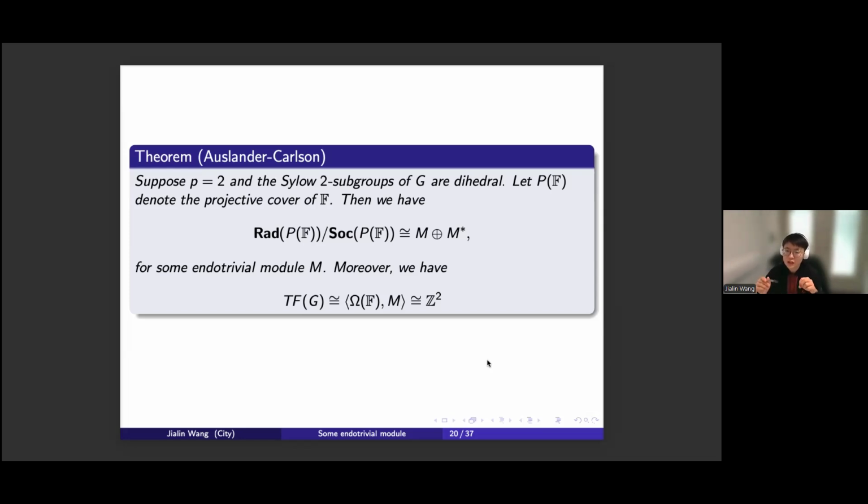In fact, the torsion-free part of the endotrivial modules for G will just be generated by omega of F and this M coming from the heart of PF. So we know where to find this other endotrivial module M.